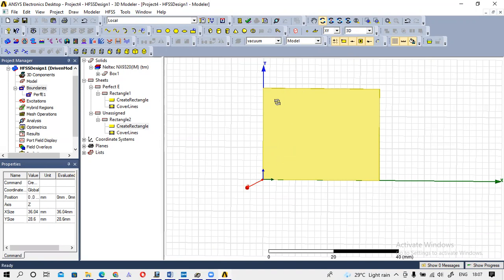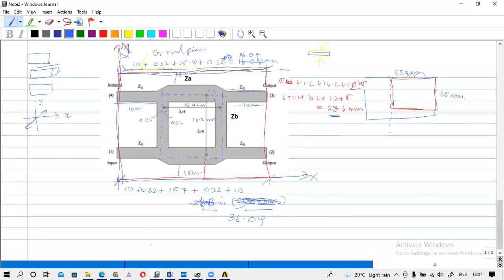Likewise you can get rid of the other parts also. I am going to do it this way. I have to remove this part, this part, and this part also.